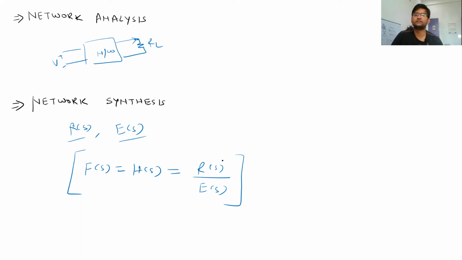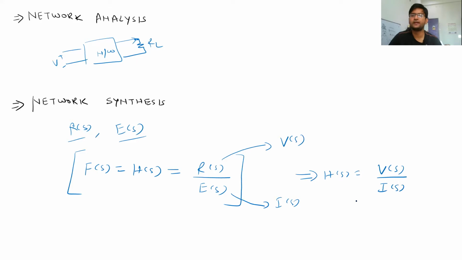For example, if this R(s) is in the form of voltage and E(s) is in the form of current, then this H(s) can be written as V(s) upon I(s). And what is the ratio of voltage to the current? It is nothing but impedance. So this network function will ultimately represent the impedance of the circuit.